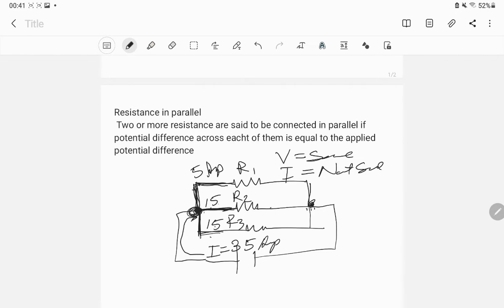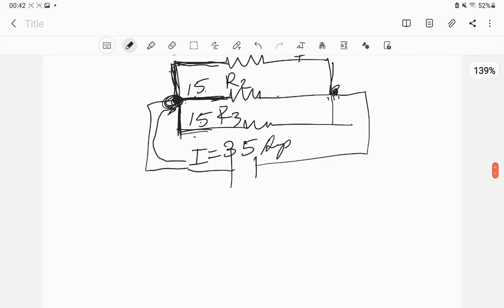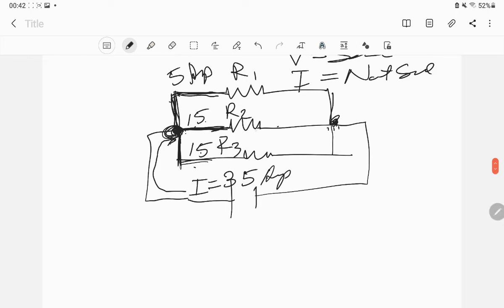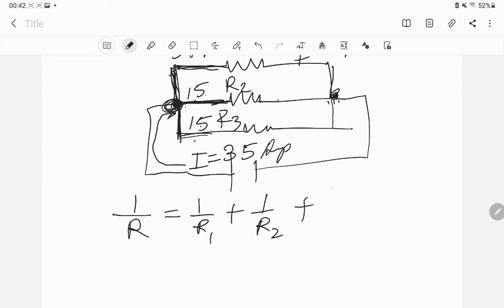Just remember, the total resistance, or the resultant of these three resistances, will be 1 by R equal to 1 by R1 plus 1 by R2 plus 1 by R3. This is the resultant resistance of these three resistances connected in parallel.